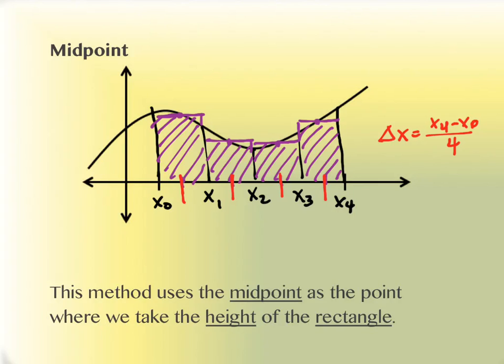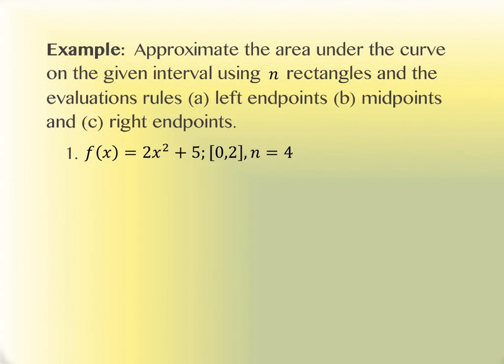All right, so I want to do an actual example so you can see how this works. It's not a terribly complicated process, but it's a little bit tedious if you have a lot of rectangles. The one that we're going to do only has 4 rectangles, so it's not going to be too bad. So we're going to approximate the area under the curve on the given interval using n rectangles. In this case, our n is 4.